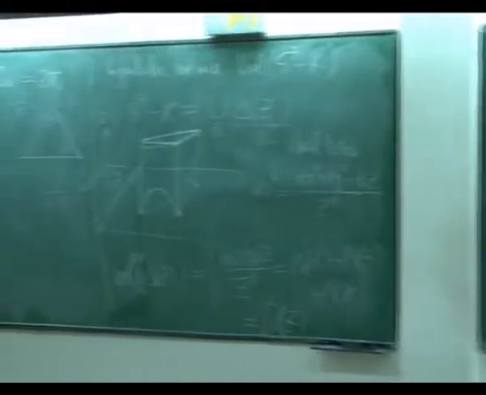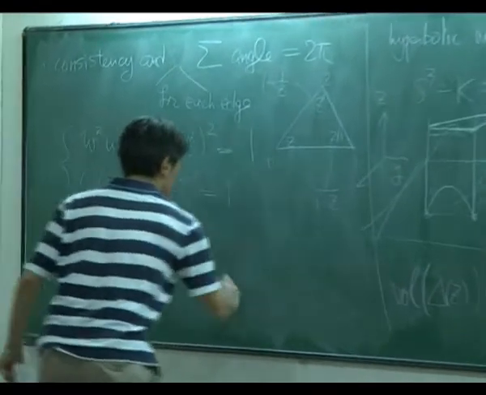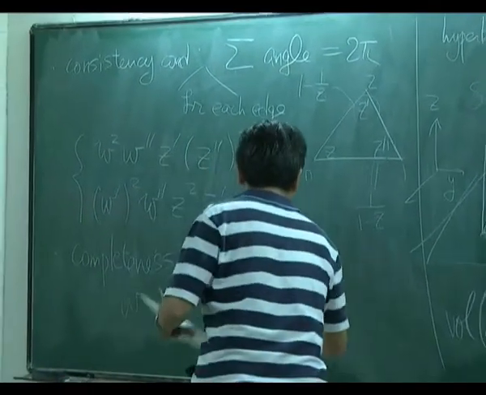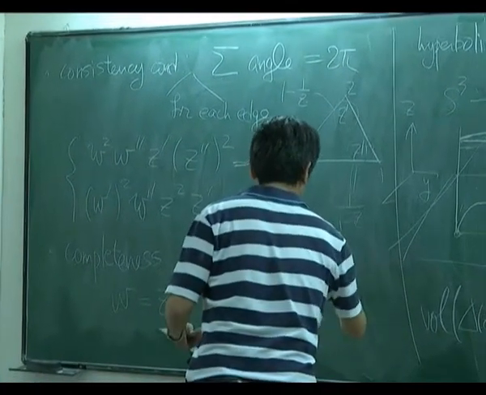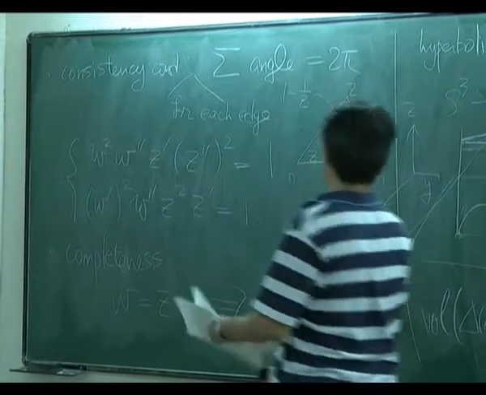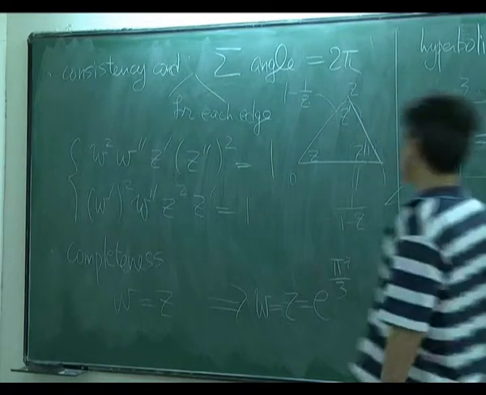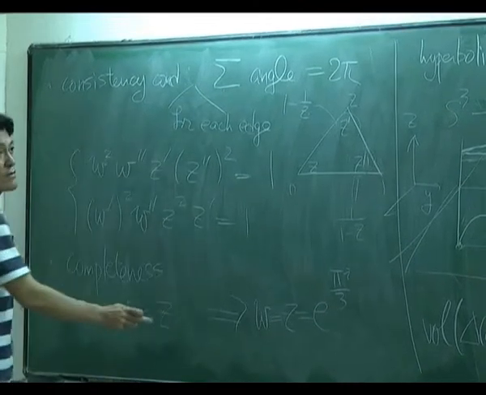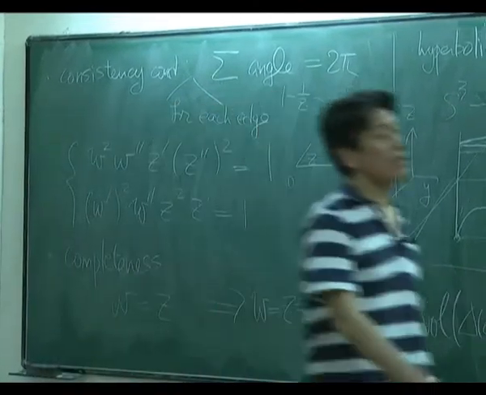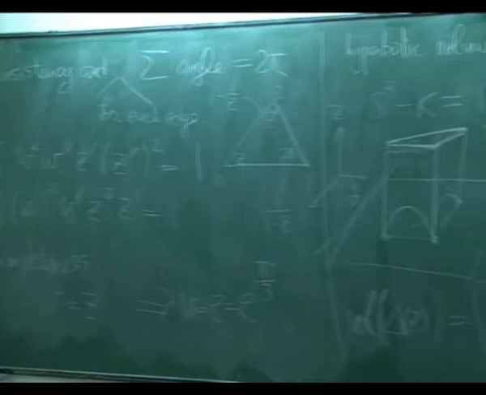And in this case, W and Z is just e to the pi i over 3. Then we obtain the parameterizations of each ideal tetrahedron.